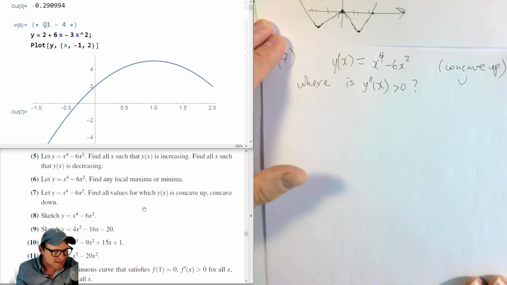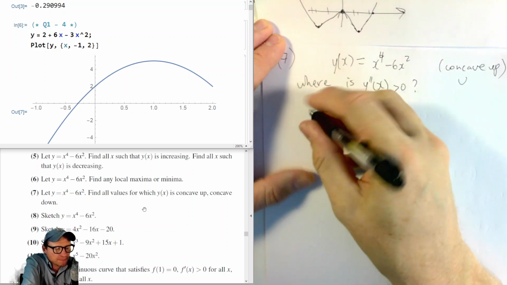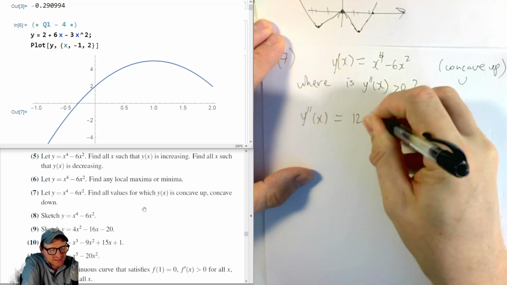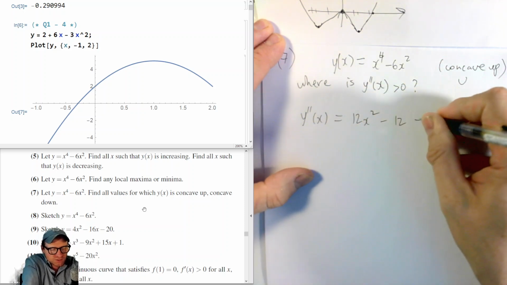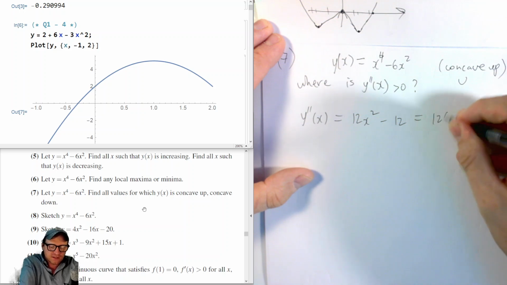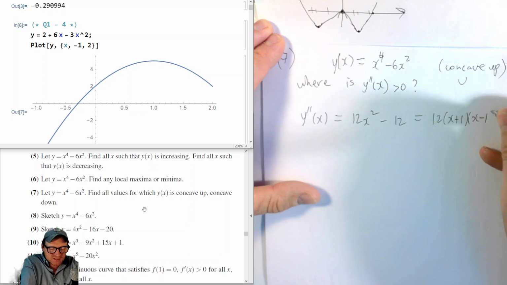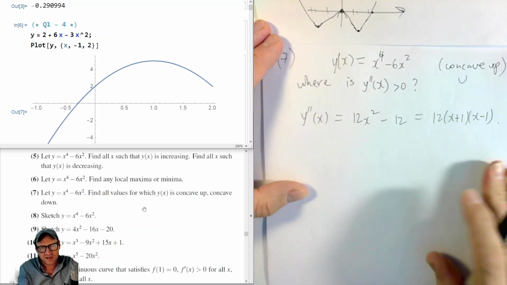Okay, now what was our second derivative? Well, we got y double dash of x equal to 12x squared minus 12, which we found to be equal to 12 times x plus 1, x minus 1.